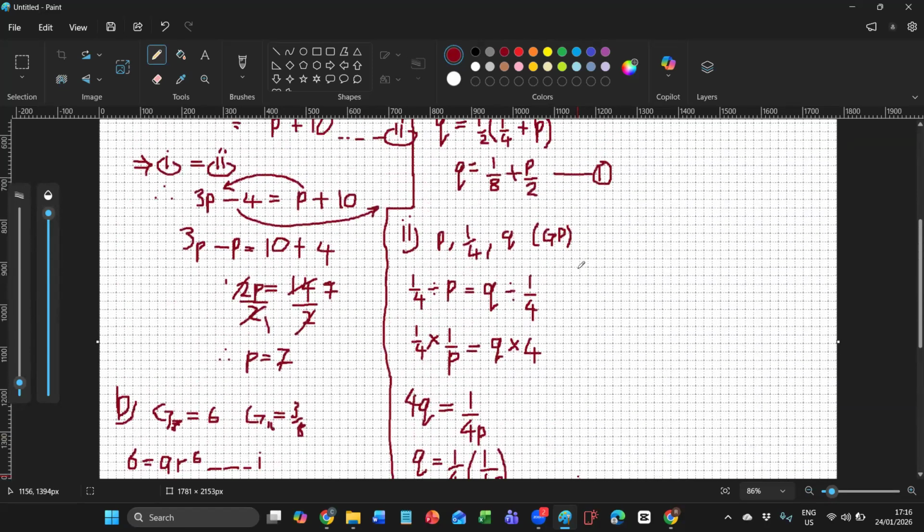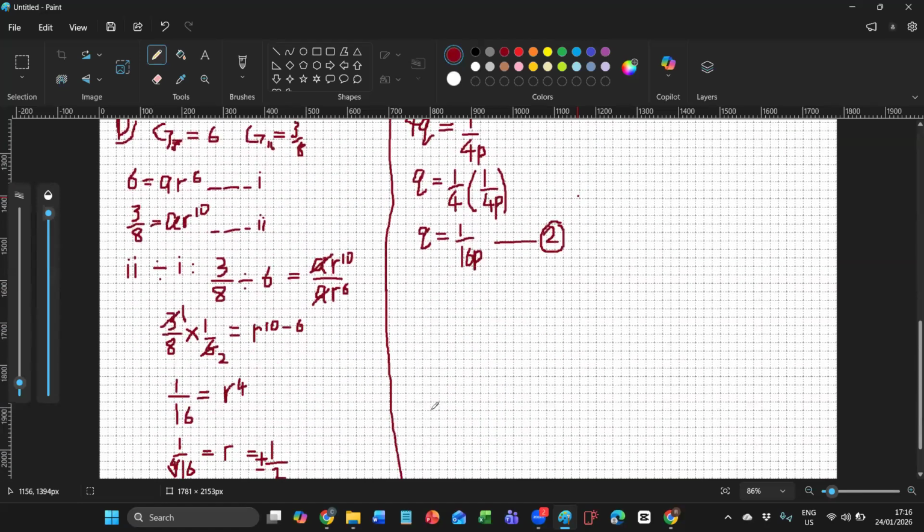1 over 8 plus P over 2 equals 1 over 16 P. Of course, what we did not want to do for that other one, we have to do now, and that is to do LCM things on the left hand side.